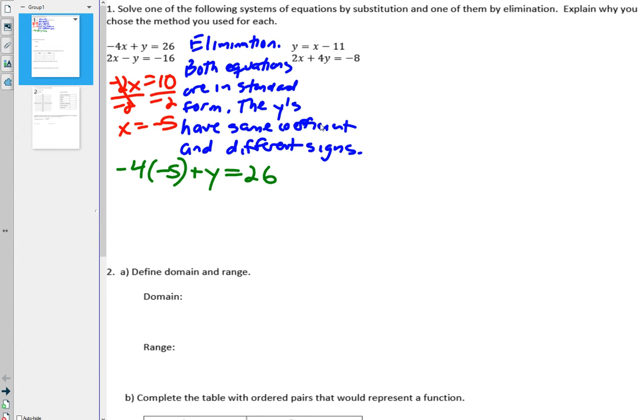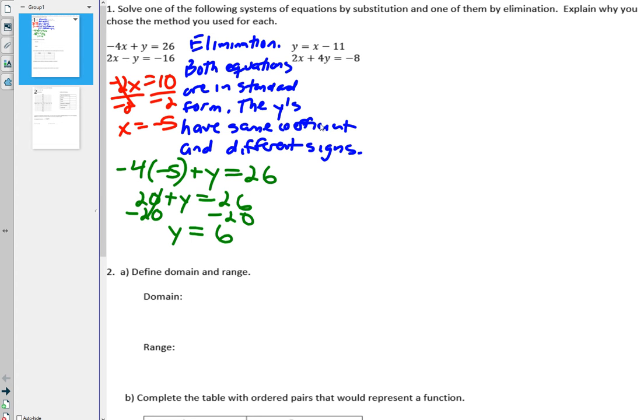I just wrote the first equation, but I took out the x and replaced it with a -5, and by doing so, that only leaves me one variable, so I can solve. -20, so y is equal to 6.